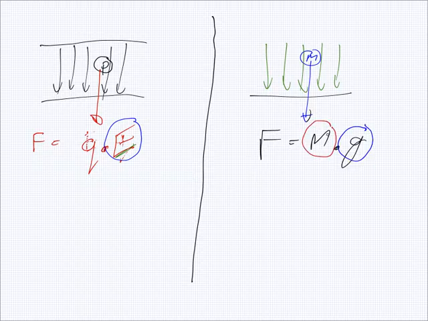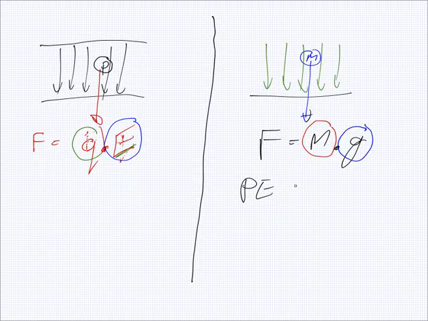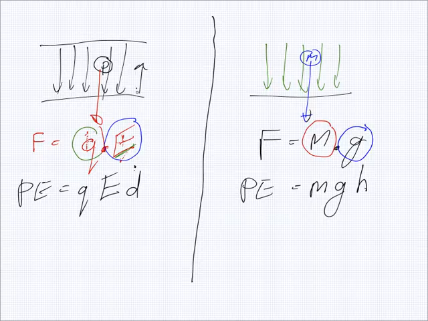This is the mass of the particle, and this here is the charge of the particle. And the potential energy here is M G H, and the potential energy here is Q E and H as well, or D if you want to call the height here D, and here the height here is H.